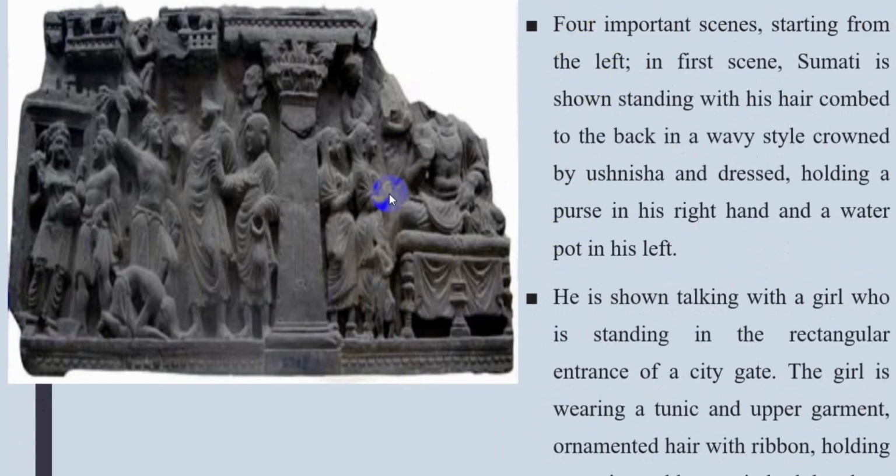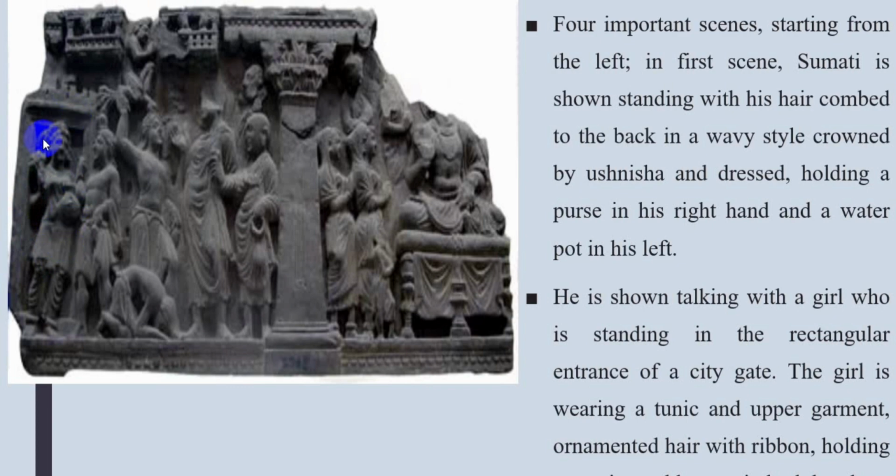This panel shows 4 important scenes. So starting from the left, in the first scene, Sumati is shown standing with his hair combed to the back in a wavy style, crowned by an Ushnisha, holding a purse in his right hand and a water pot in his left. And he is shown talking to a girl who is standing in the rectangular entrance of a city gate.